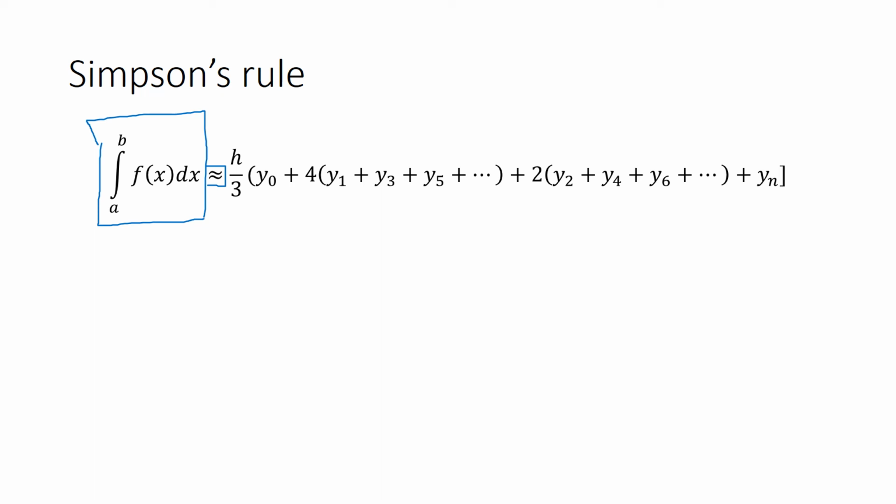Actually, this rule has another big issue, that n can be only taken even digits.